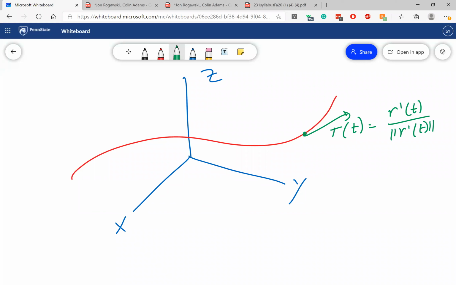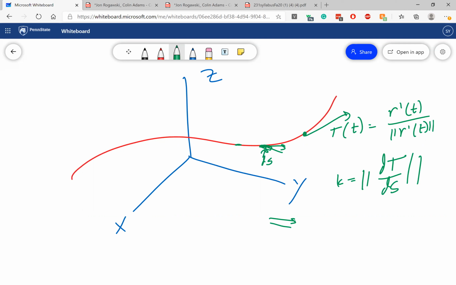Now, the curvature, kappa, is equal to the magnitude of the change of the unit tangent vector over the change in ds, which means as I vary ds, as I move, so ds is the small lengths over here, as I move along the curve, as I vary my ds, the unit tangent vector also changes. So over here, maybe I had that tangent vector, and over here, maybe I had that. As you move them, your unit tangent vector might move a little.